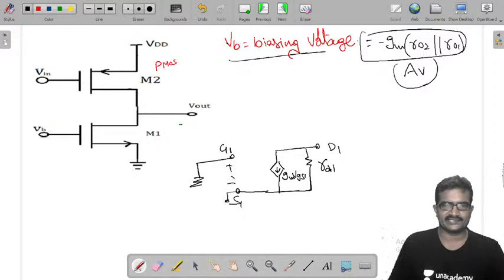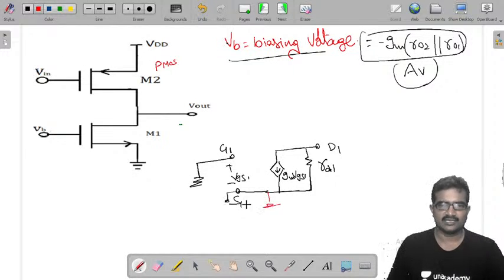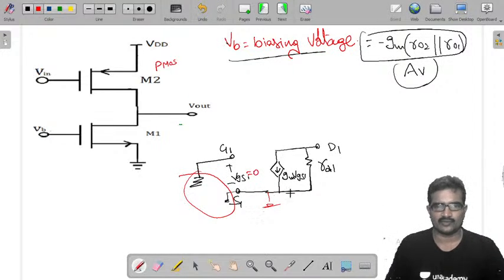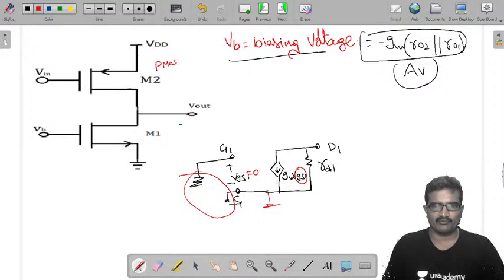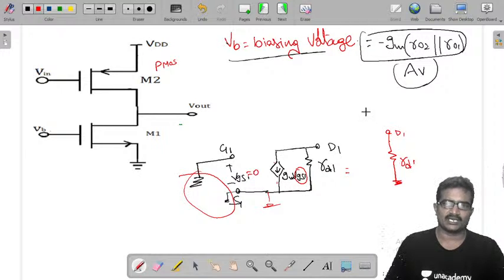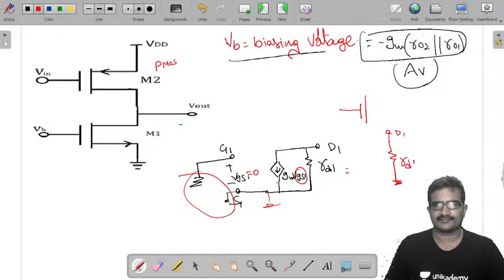This is our VGS1. You observed, both are connected to ground, so VGS1 is 0. Once it is 0, it became open circuited. Now drain 1 is connected to ground through RD1. Very simple.